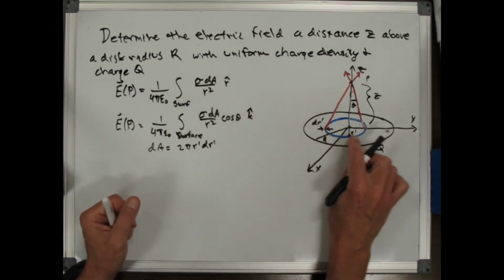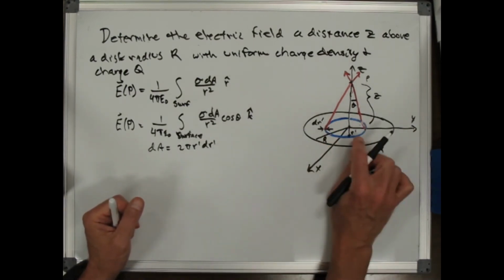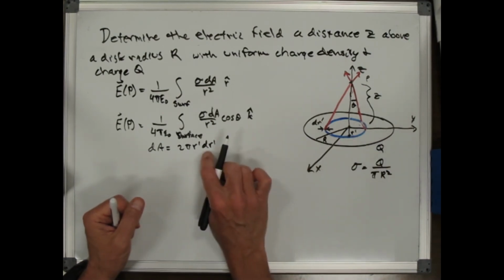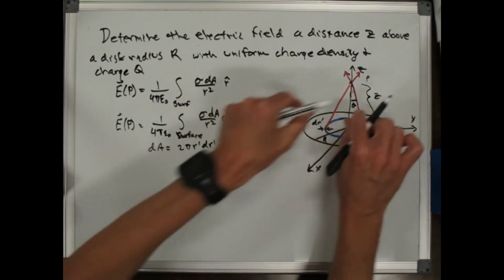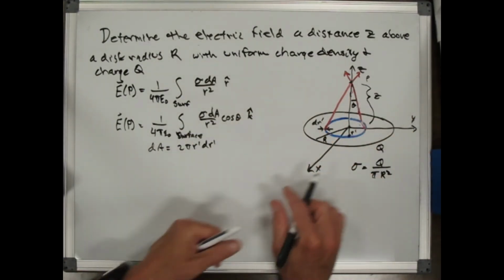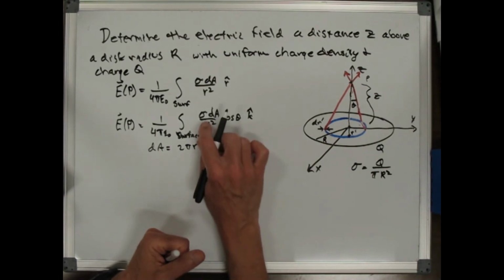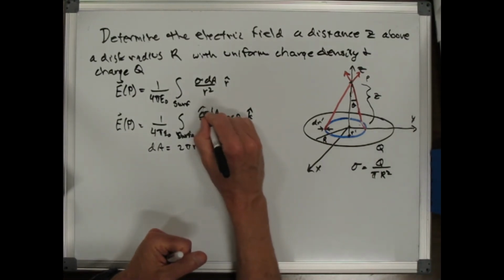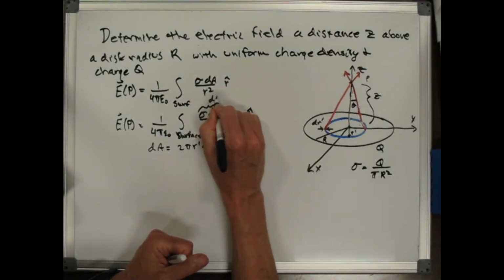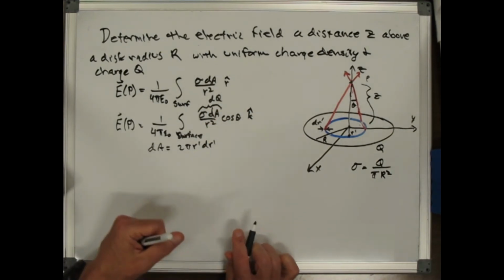That's the area of that blue ribbon that's going around. And then if I multiply that by my charge density, this thing is my dq, right? So I'm integrating over to get my electric field.